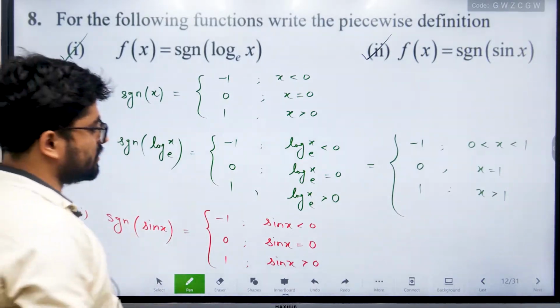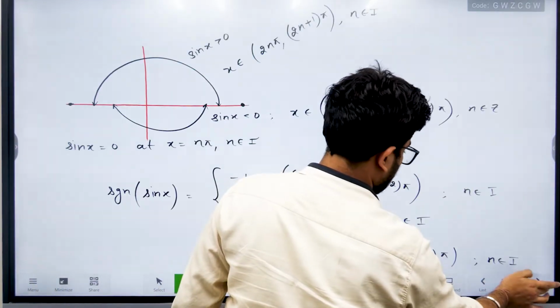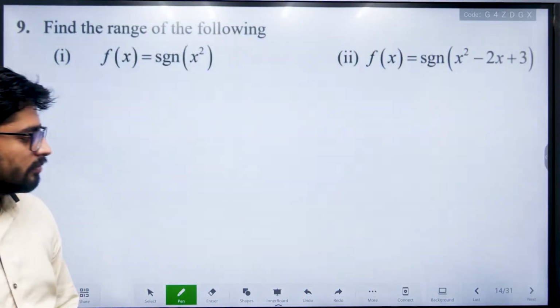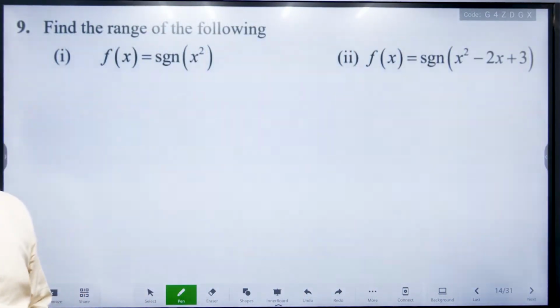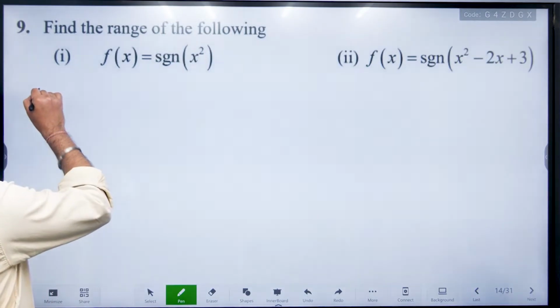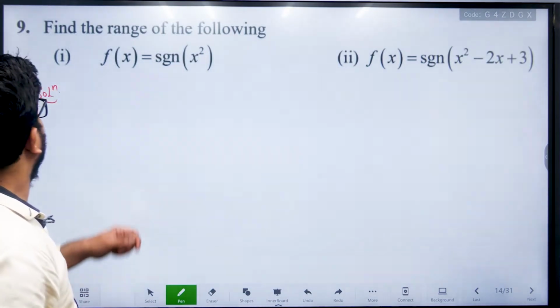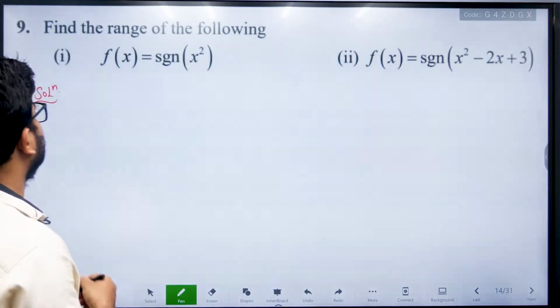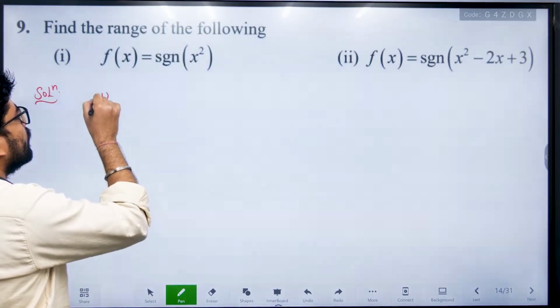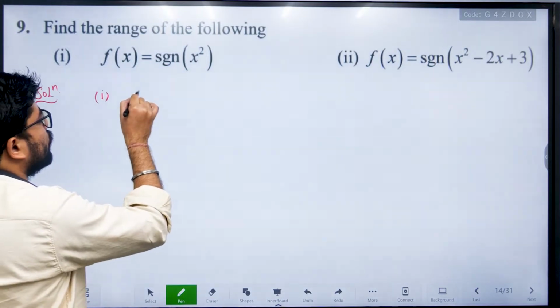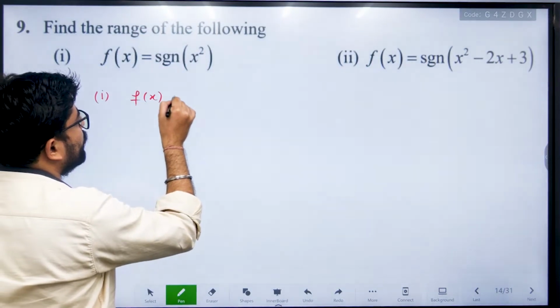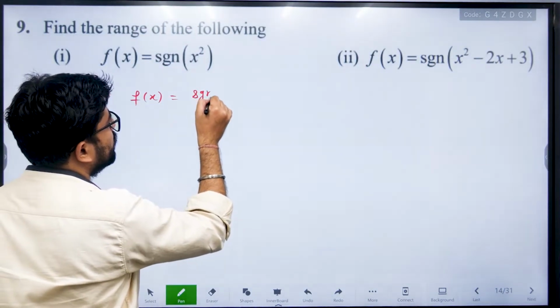Now the next question is, you have to find the range of the functions. So the first question is f of x equals signum of x square.